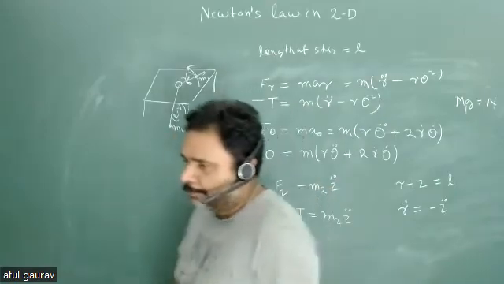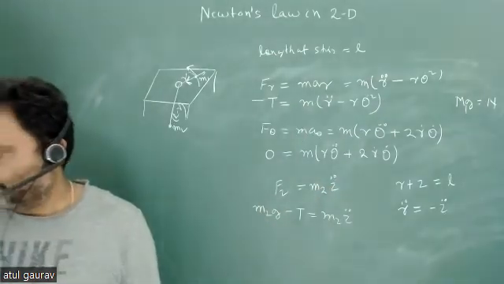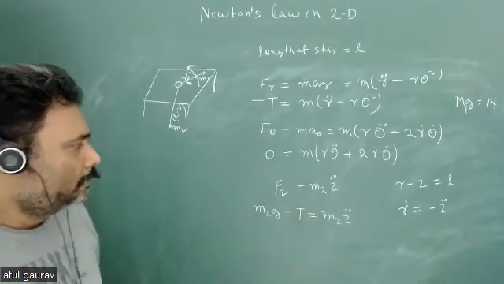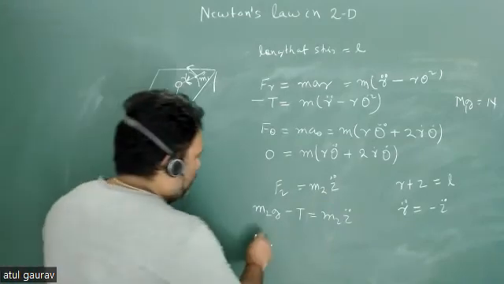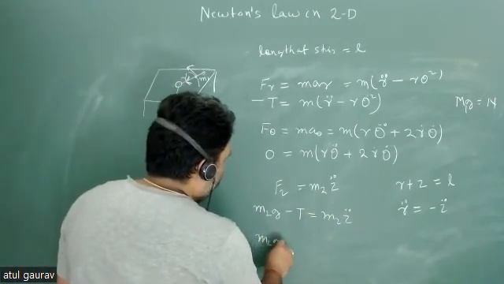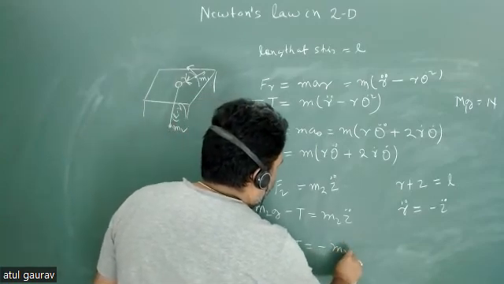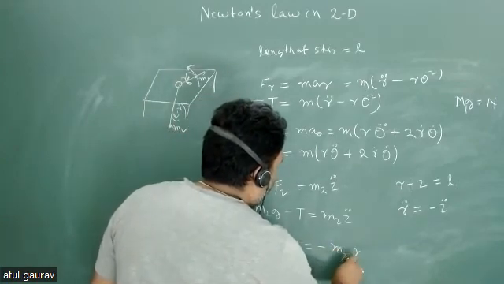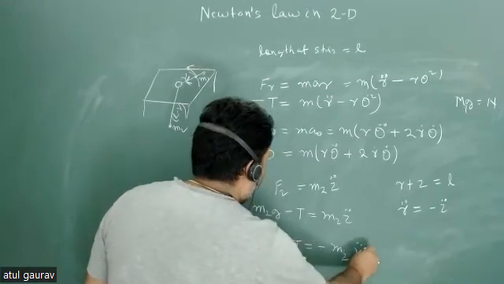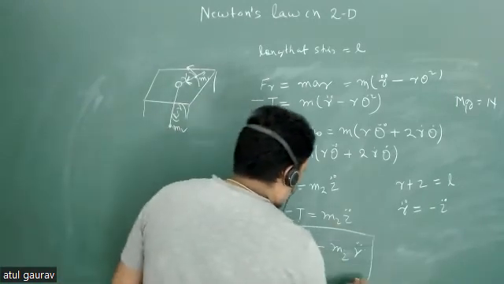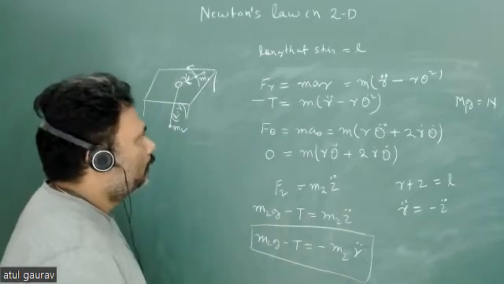Isn't it? So you can write M2 g minus T is equal to minus M2 R double dot.